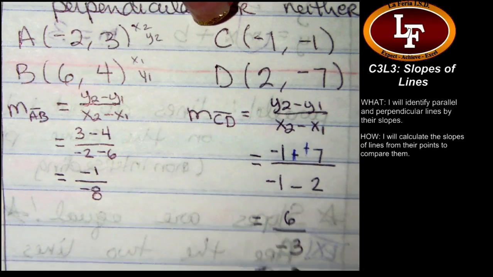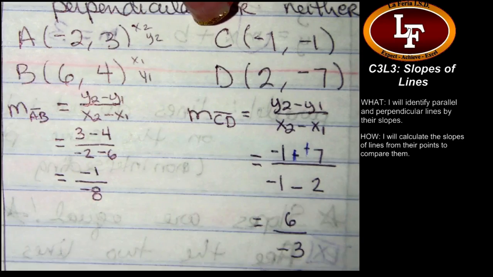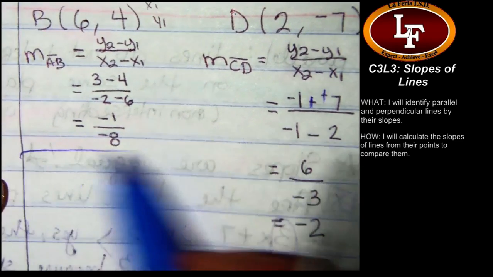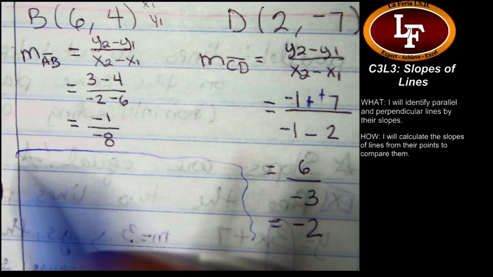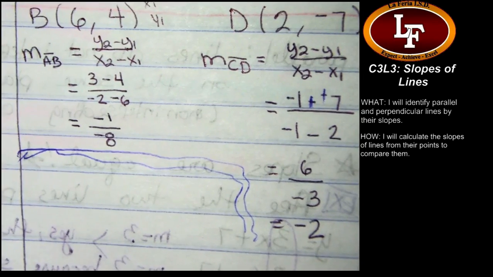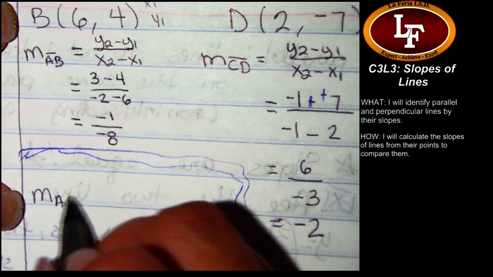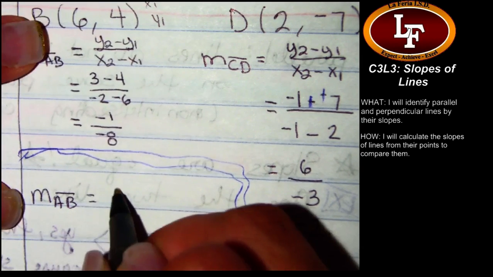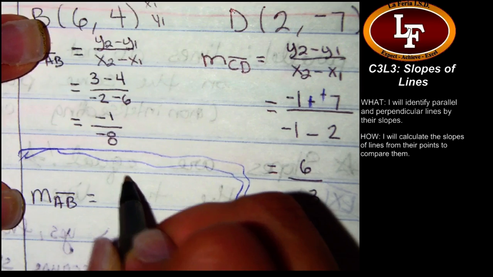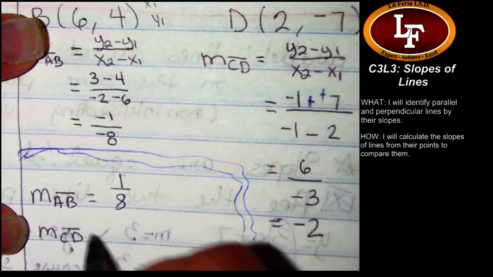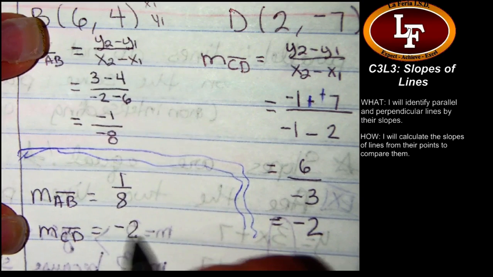So my slope is a -2. Whoops, that went off the screen, sorry. Okay, just giving myself a little bit of a workspace. All right, so the slope of AB is a positive 1/8, and the slope of CD is a -2.